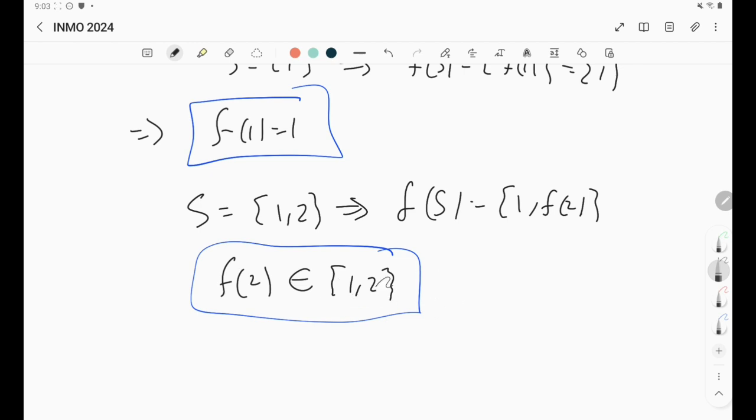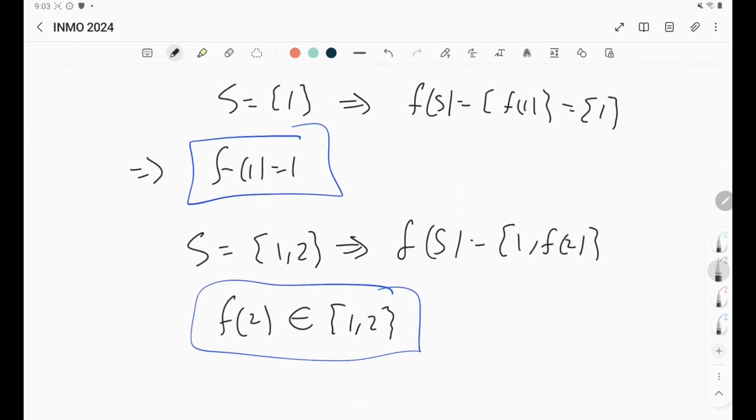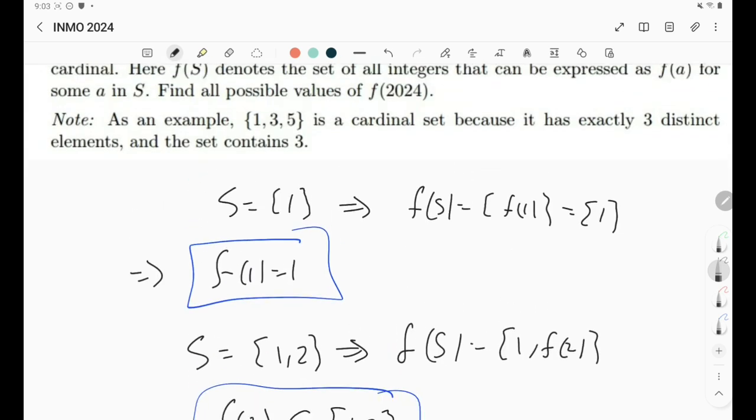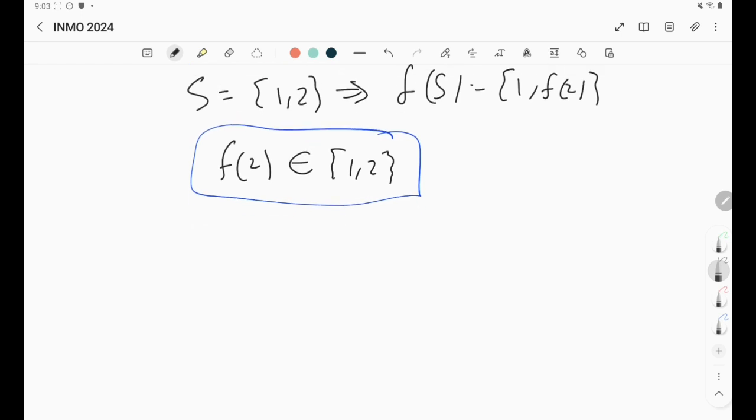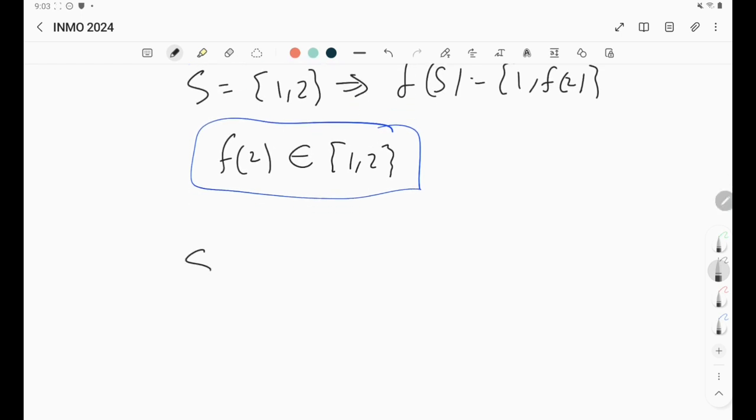In fact, if you look at this generally, of course, you can play with other sets, like maybe 3 numbers and so on. But right now, generally speaking, let's take some general S. Let's say the number of elements here is k, and the other numbers are a1, a2, and so on till a_{k-1}.